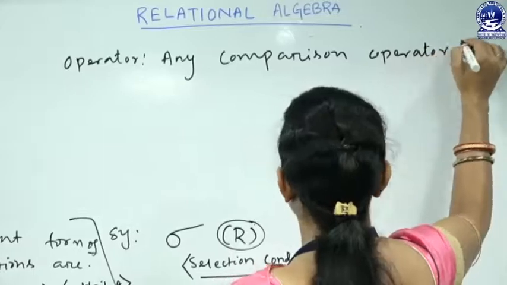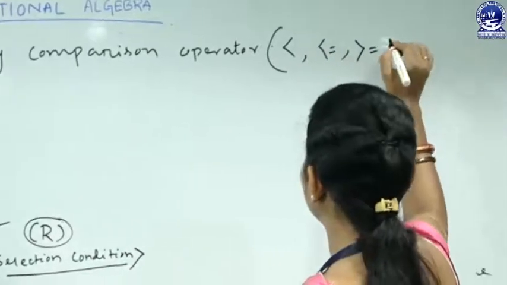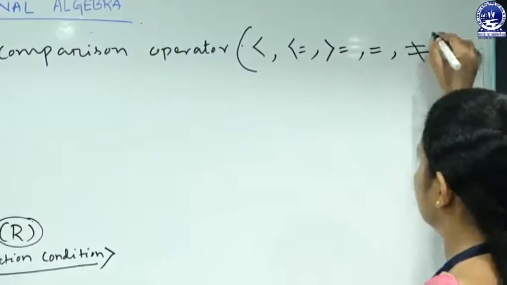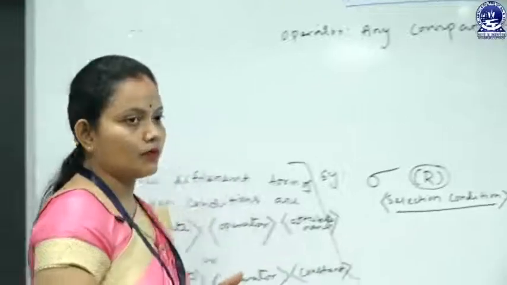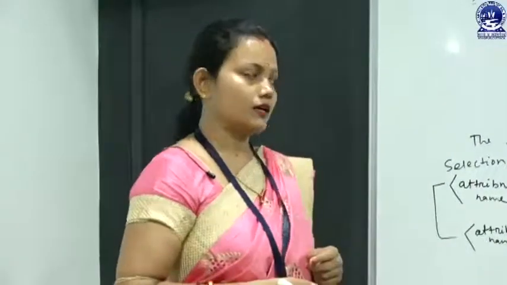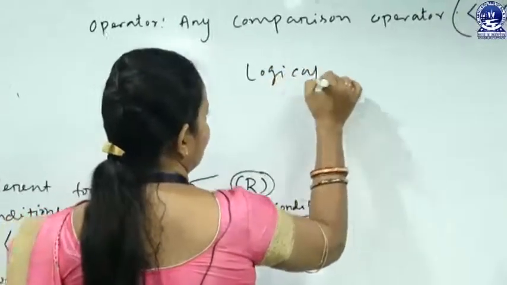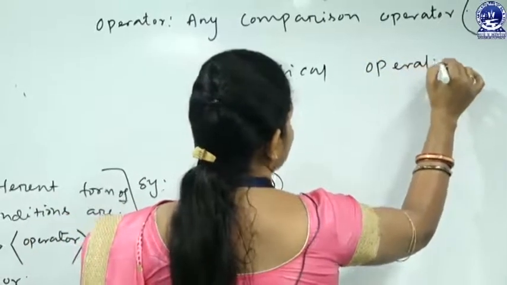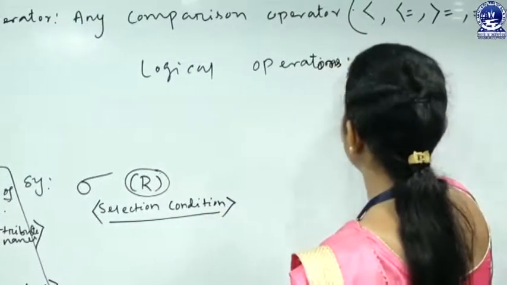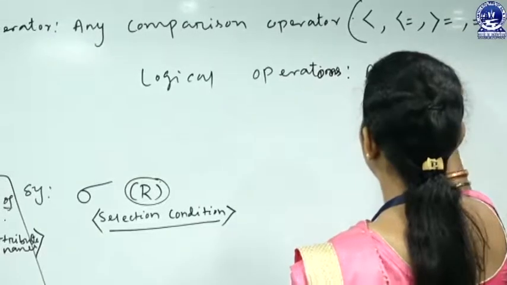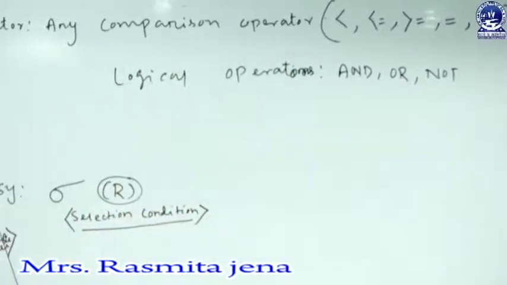That means you can use less than or equal to, greater than or equal to, not equal to, and we can also use some logical connectors to form the different clauses of the conditions. That means we can use logical operators to form a compound selection condition. Okay. The logical operators are and, or, and not. These are used to form the compound selection condition.